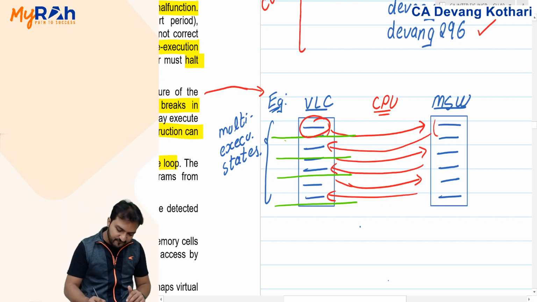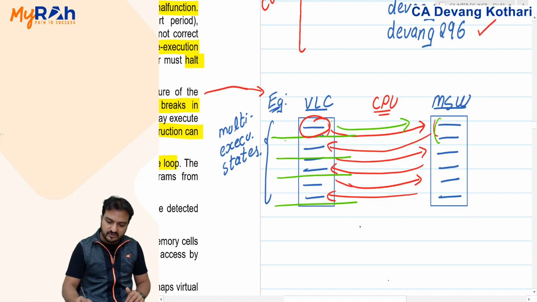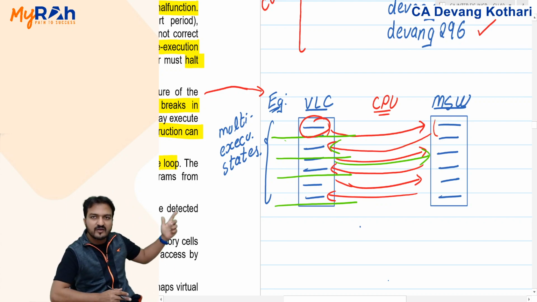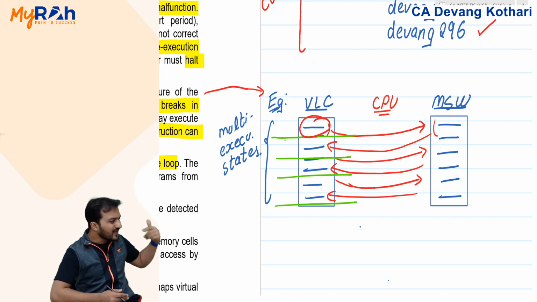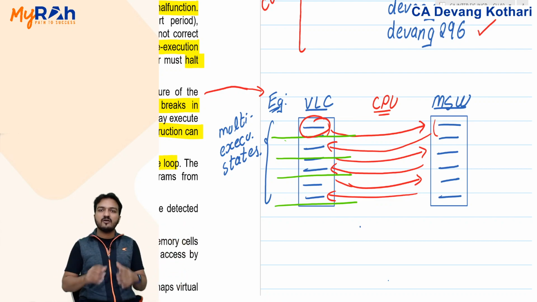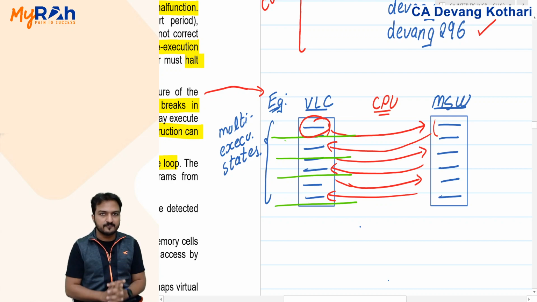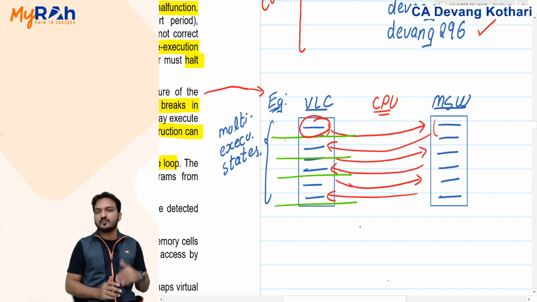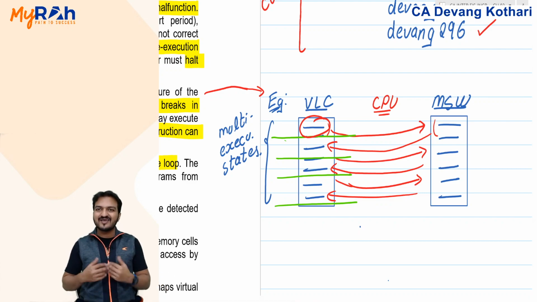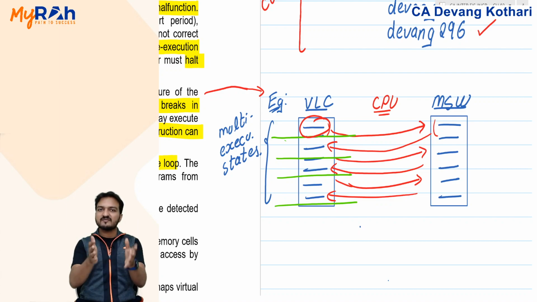First, it will process a few instructions of VLC, then it goes to Microsoft Word, processes a few instructions there, comes back to VLC, goes back to Microsoft Word, and so on. The CPU keeps shifting between two programs or 20 programs at very high speed, such that you will feel that all these programs are running together. This creates multitasking, which we had earlier called multitasking. Because of this, you are able to run 20 programs at a time.